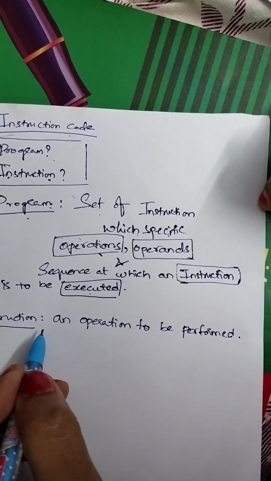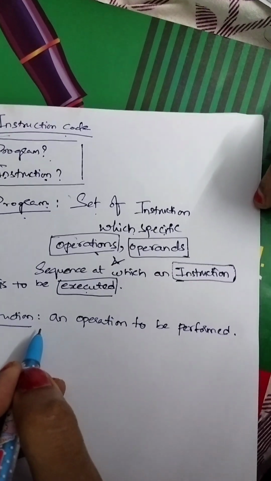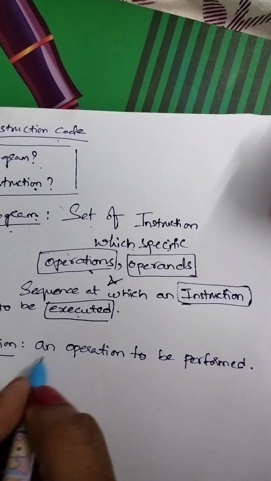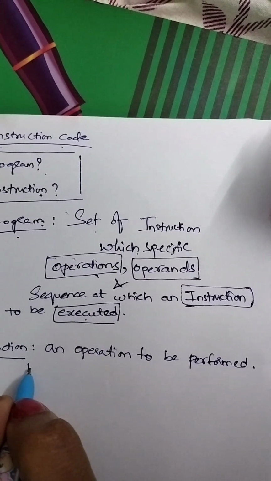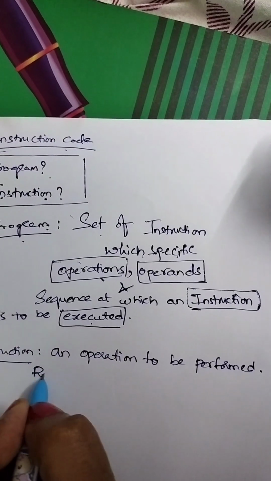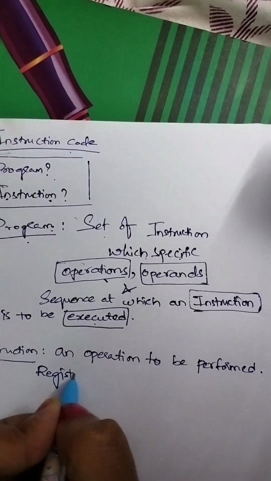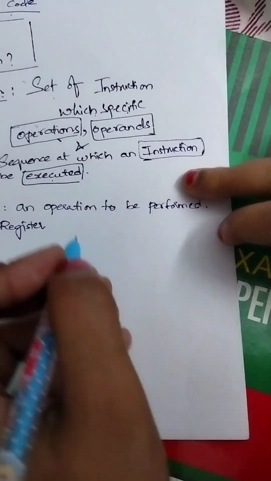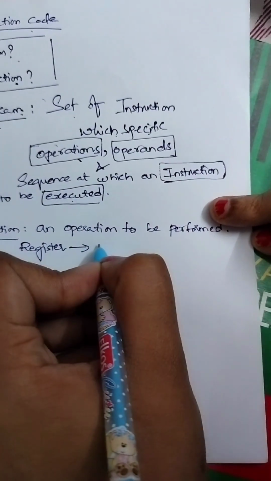If you perform any operation in the register, then it is called a micro operation.